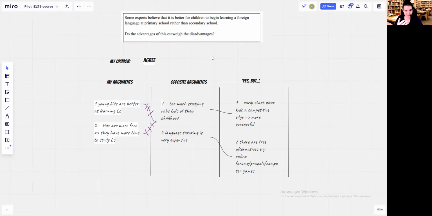It is best done with 3 body paragraphs. My arguments in body paragraph 1, opposite arguments in body paragraph 2, and yes, but in body paragraph 3. But you don't have to have 3 paragraphs. In fact, there are ways to write it in 2 paragraphs.